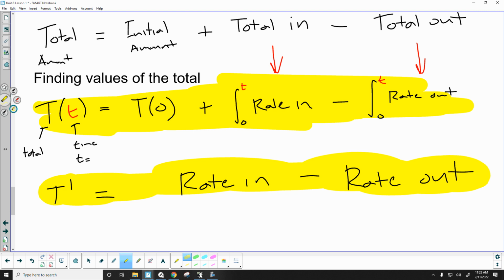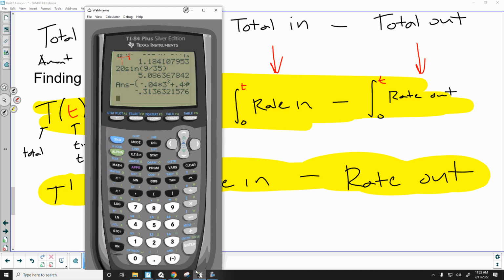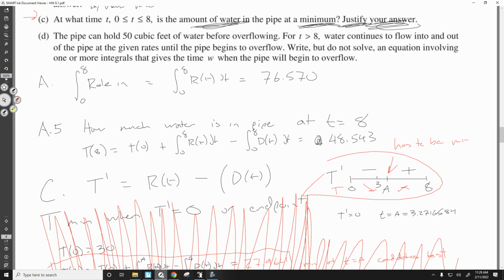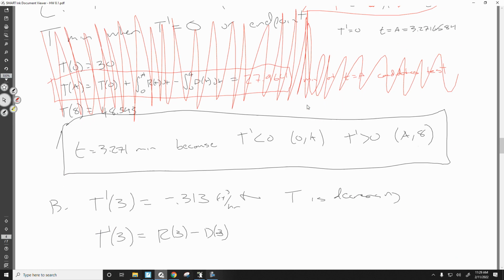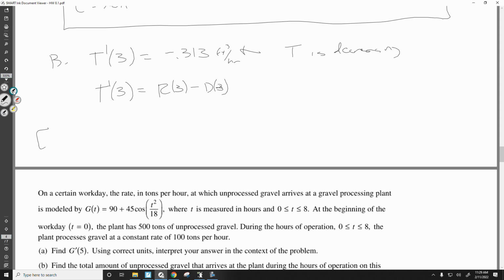Now, you ask the question, when do you have to take the derivative of R and the derivative of D? Well, if I ask this question, and this is part E, we'll come back to part D: is the rate of change of the water increasing or decreasing?